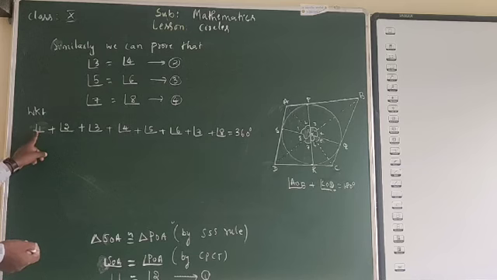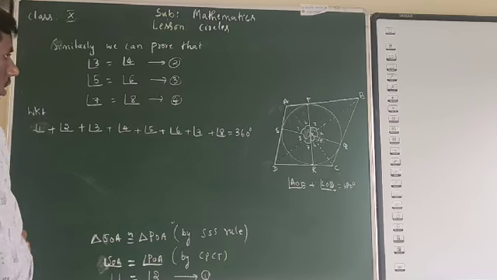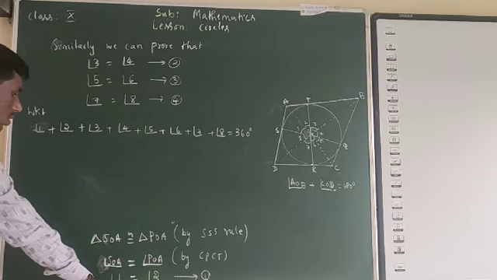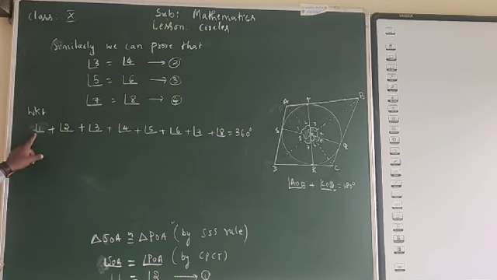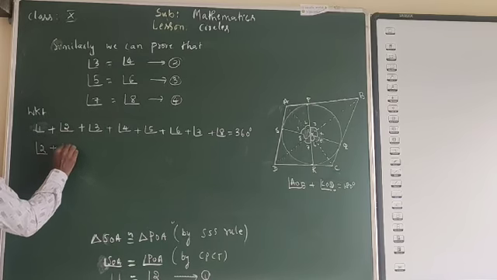Now, angle 1 and angle 2 are both equal. So in the place of angle 1, I can substitute angle 2, because angle 1 is equal to angle 2. We'll write angle 2 as it is.